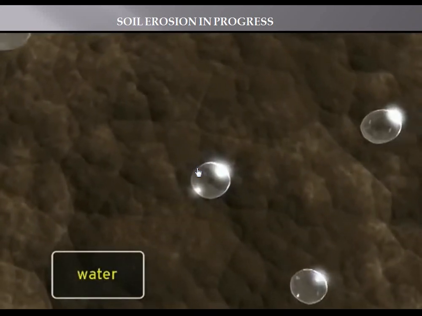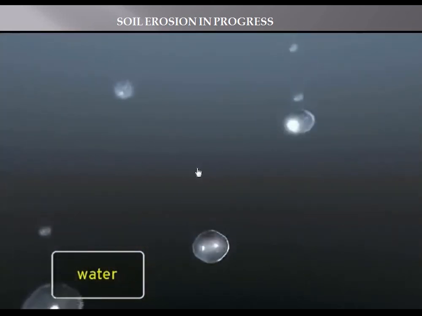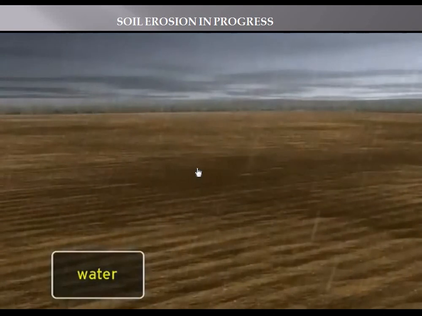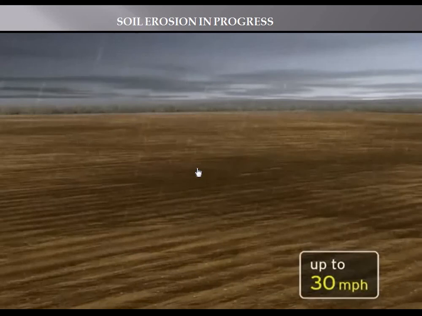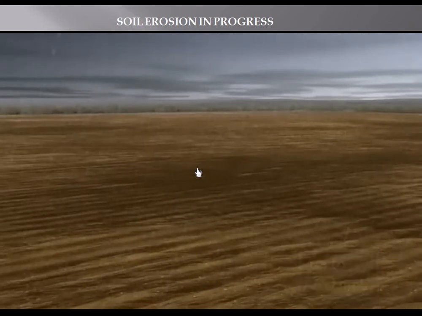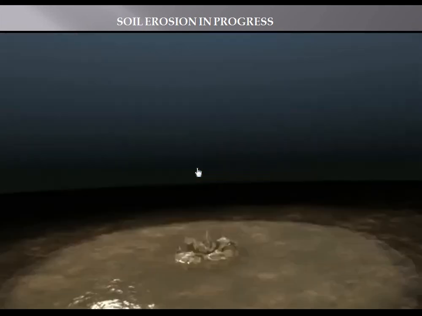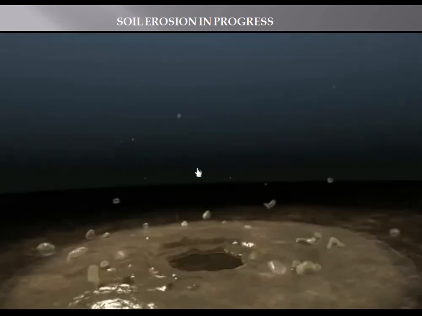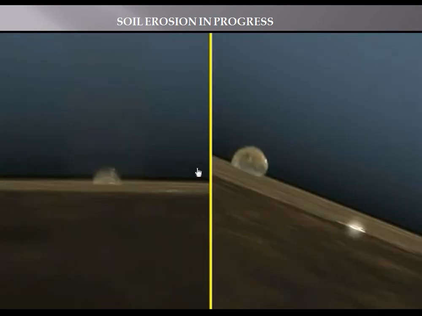So now we are looking at the impact of raindrops on water erosion. As rain drops down, do not underestimate the power of the raindrop, which is falling about 30 meters per hour. It can take soil of about 100 tons per acre. So as it comes, it drops with intensity and power, and it splashes away. It shatters.